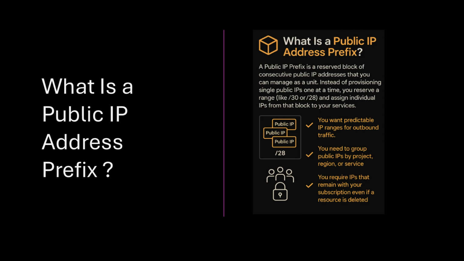This is incredibly useful when you want predictable IP ranges for outbound traffic, you need to group public IPs by project, region, or service, or you require IPs that remain with your subscription even if a resource is deleted. For example, if you reserve a /29 prefix, you get 8 IPs, 5 usable, and you can assign them individually to your firewalls, load balancers, or VM NICs, all while maintaining central control.